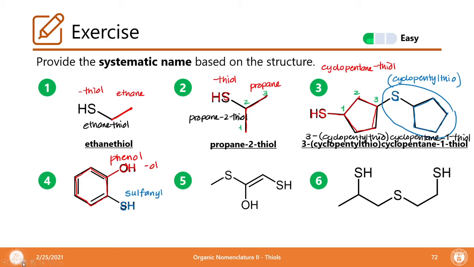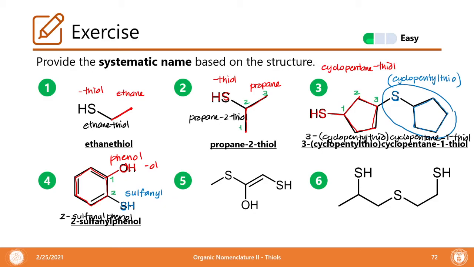In the alcohol, we give this number 1 and then this number 2. At position 2, we have sulfanyl, and then we have phenol. So 2-sulfanyl phenol.